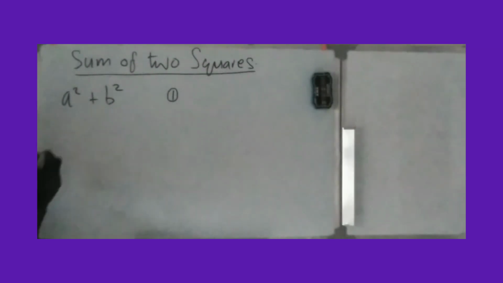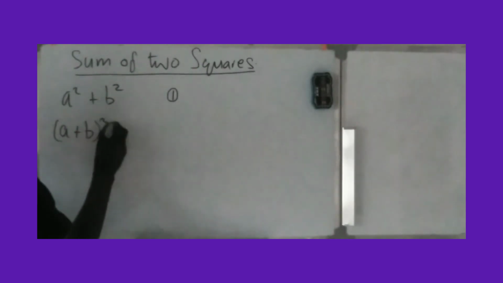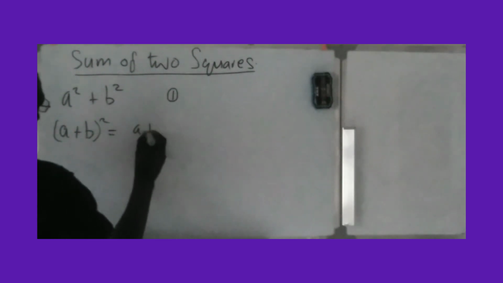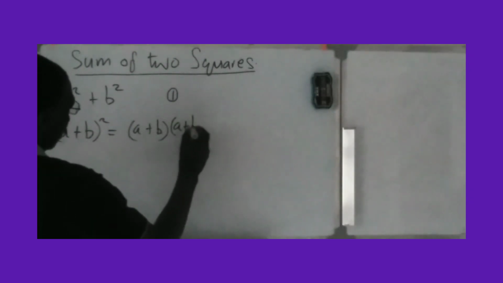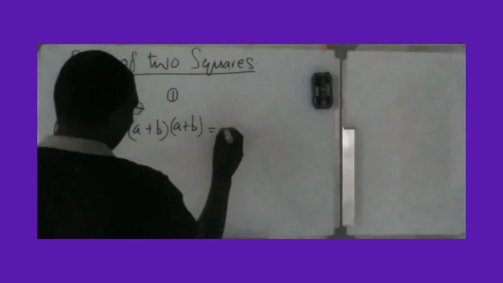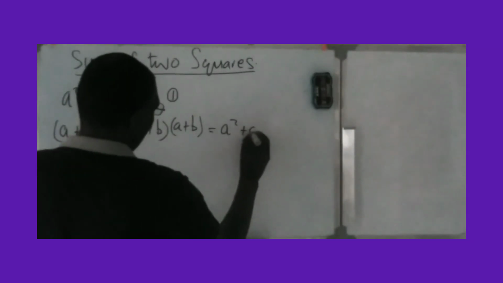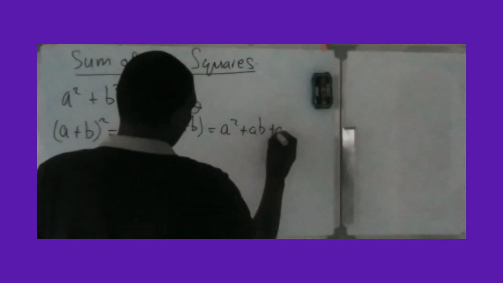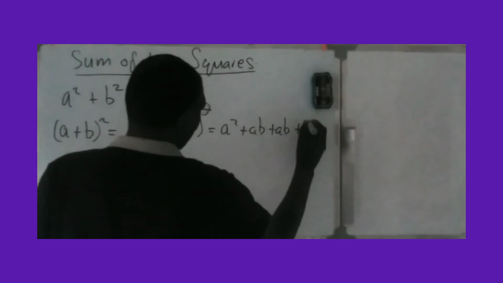Now, what if we have a plus b all squared? We know that this is equal to a plus b multiplied by a plus b, which is equal to a times a is a squared, a times b is ab, b times a is also ab, b times b is b squared.